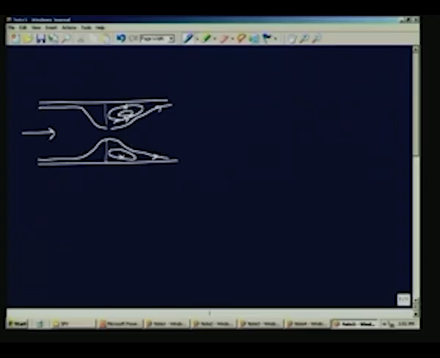The kinetic energy is converted to internal energy, and therefore some amount of pressure head is swallowed up by this activity, and therefore the pressure recovery is not good, pressure recovery is poor, because of the flow separation.